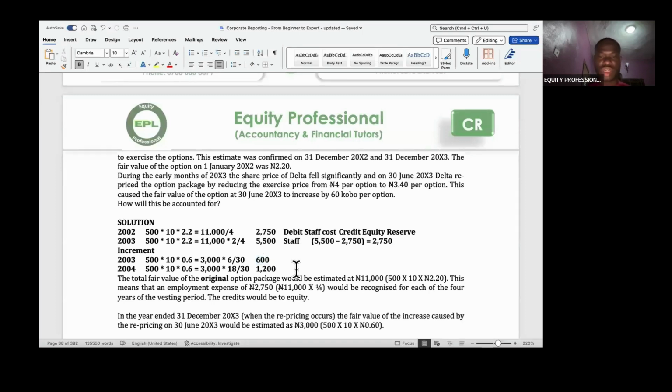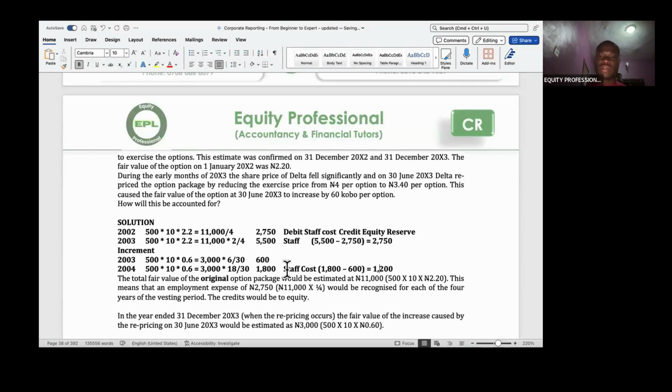So in year two now, what goes as staff cost to P&L is just the cumulative minus the increment. That's 600. Take it to, is this 1,200? This should be 1,800. So 1,800 minus 600, that gives us 1,200, like that.